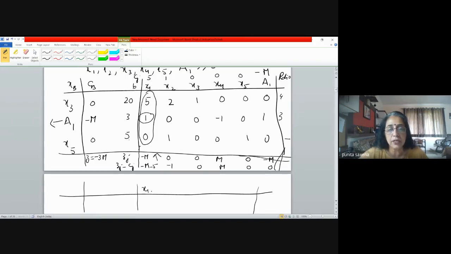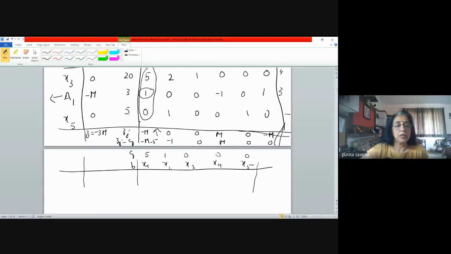In the second table, first I'll incorporate x1, x2, x3, x4 and x5. I will not write A1 now. The corresponding Cjs would be 5, 1, 0, 0, 0. My basic variables are going to be x3, then x1, which has entered instead of A1, and x5.